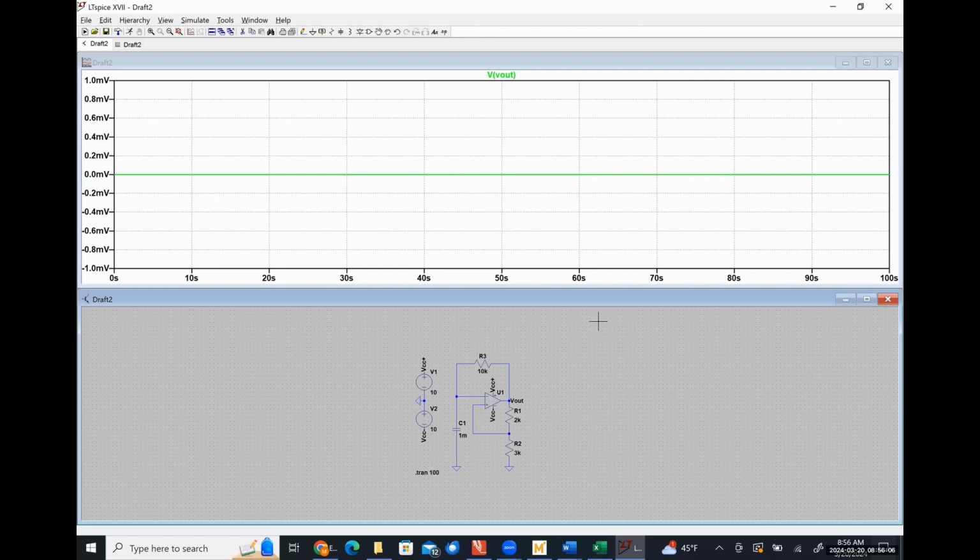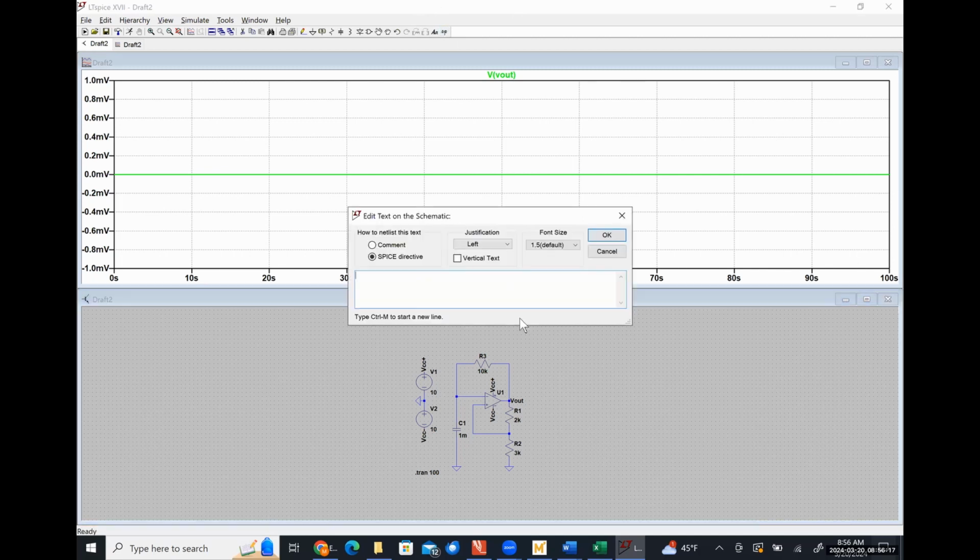So I'm going to effectively give my capacitor a little bit of energy to start this cycle. And I'm going to do that by just saying that the initial voltage on my capacitor is, let's say, 0.01 volts.